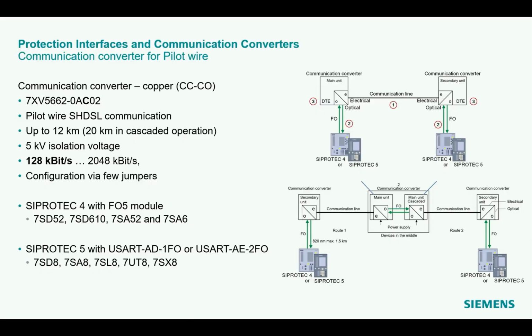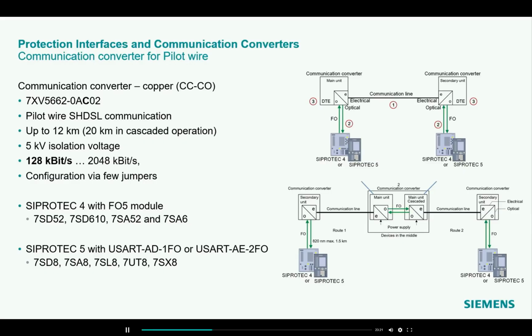A pilot wire uses SHDSL communication, and this can be up to 12 kilometers. You also have the possibility to cascade the pilot wire communication converter once, so you can bridge a 20 kilometer distance.